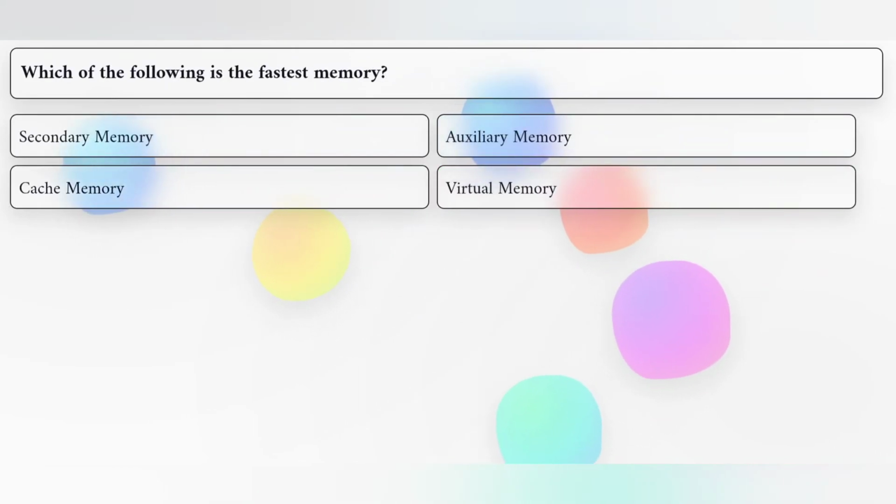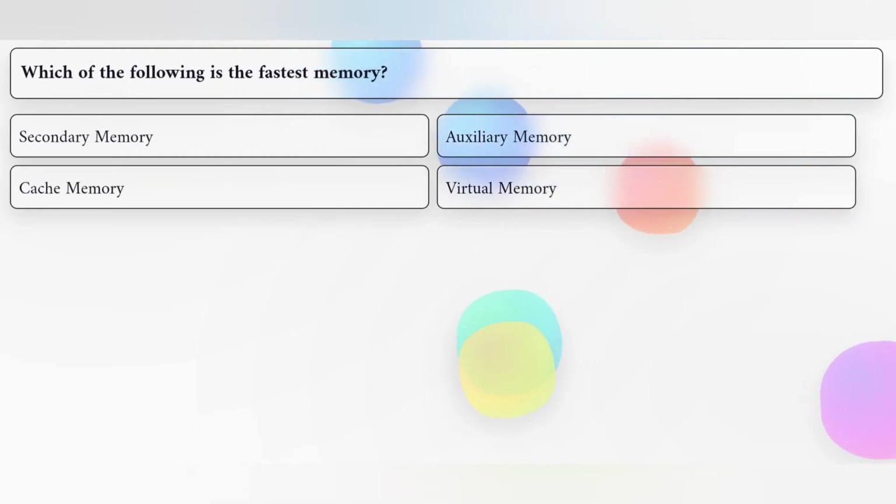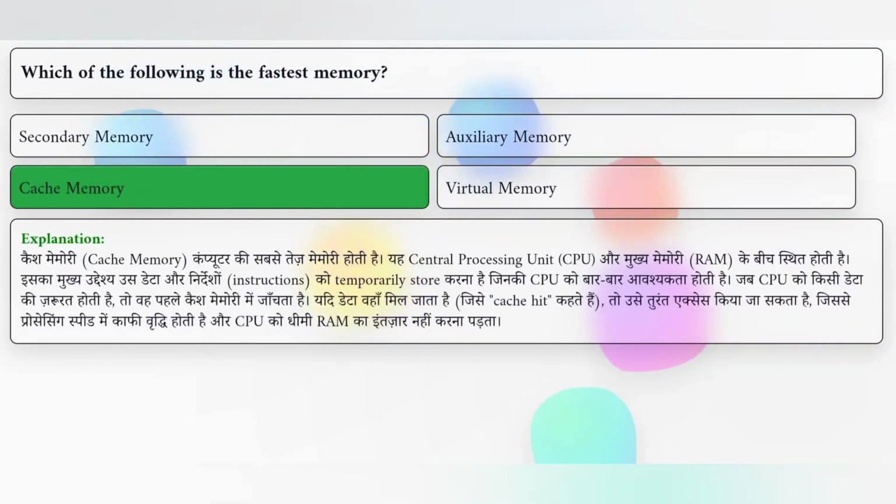Which of the following is the fastest memory? Secondary memory, auxiliary memory, cache memory, virtual memory. EEPROM stands for Electrically Erasable Programmable Read of Memory. Erasable Electrically Programmable Read-Only Memory. Easily Erasable Programmable Read-Only Memory.